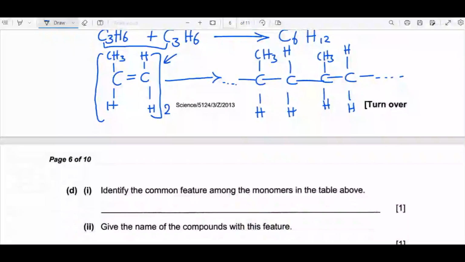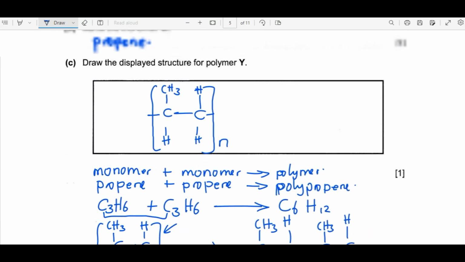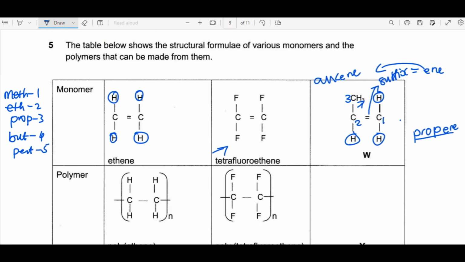Okay, so we move on to question D1. Identify the common feature among the monomers in the table above. So let's go back here. We see what we have in common. Okay, so the common feature is, look at the first one. Ethene has a double bond.